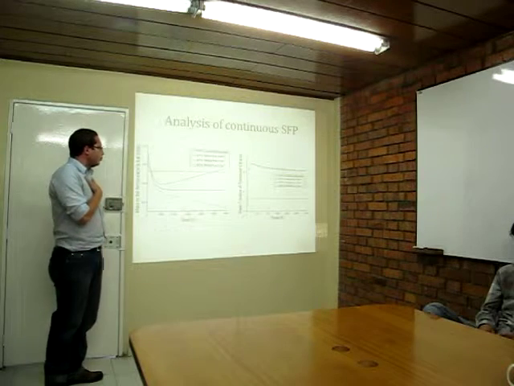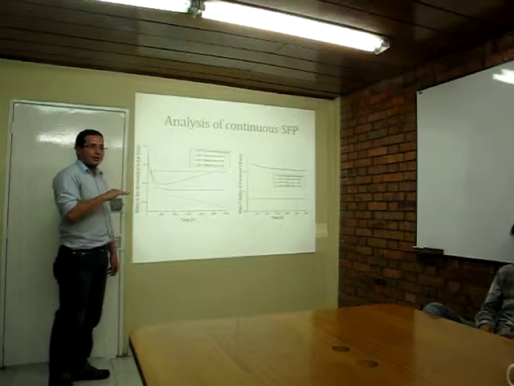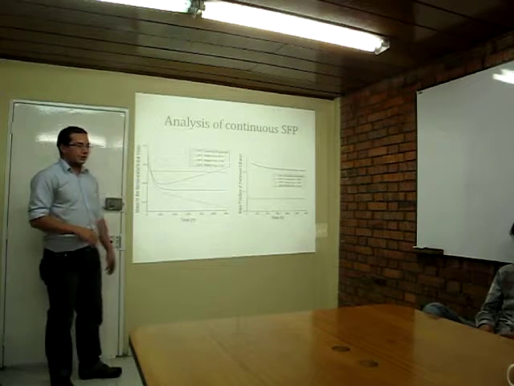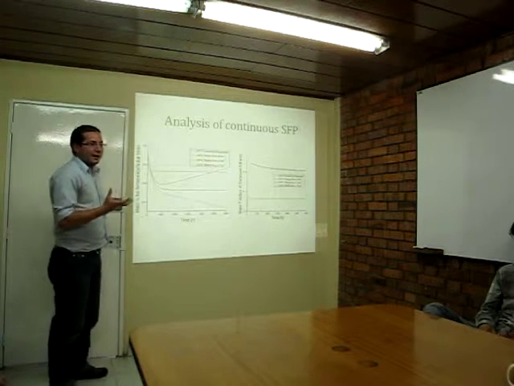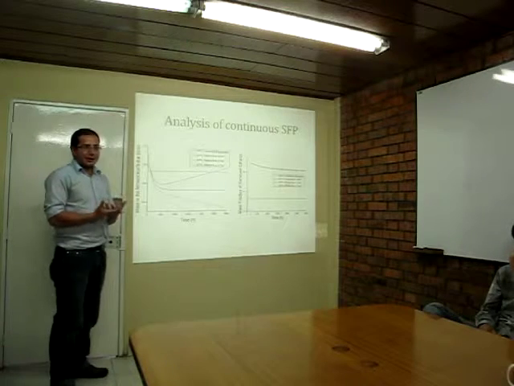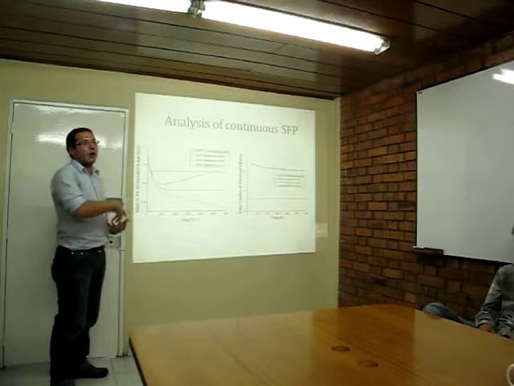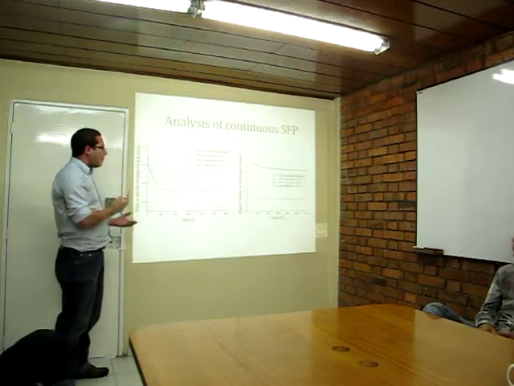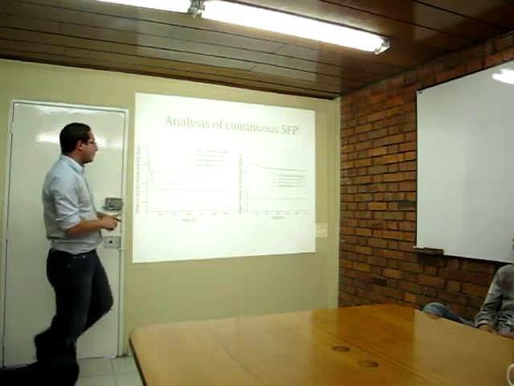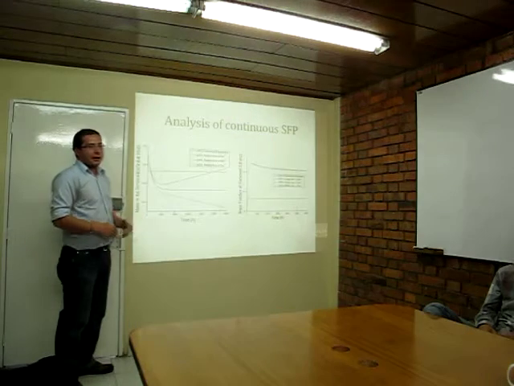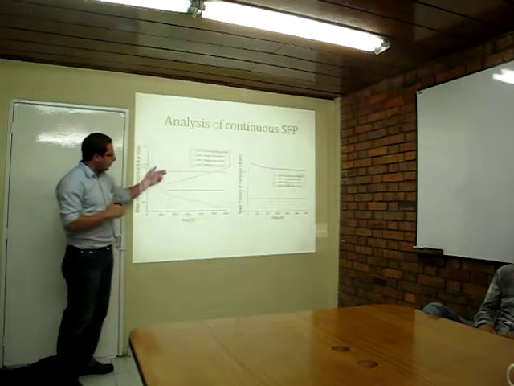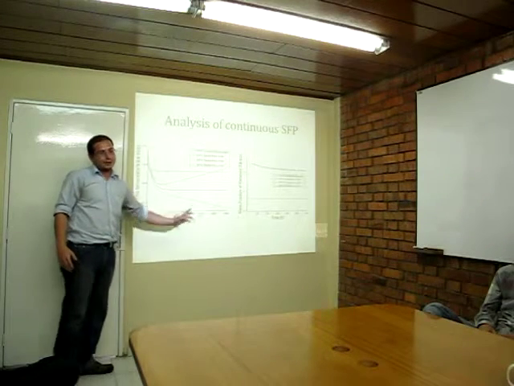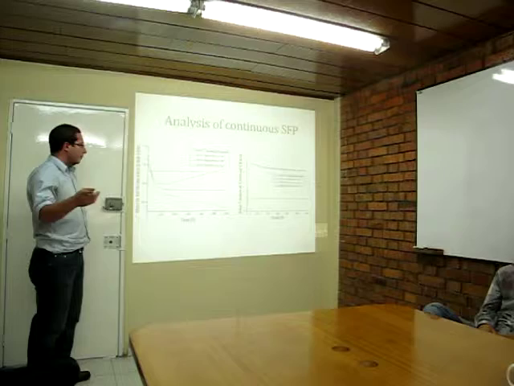But if we use a low relative area, we have a problem because the mass inside the reactor grows indefinitely. And if we use a high relative area, we are going to have an empty reactor over time.